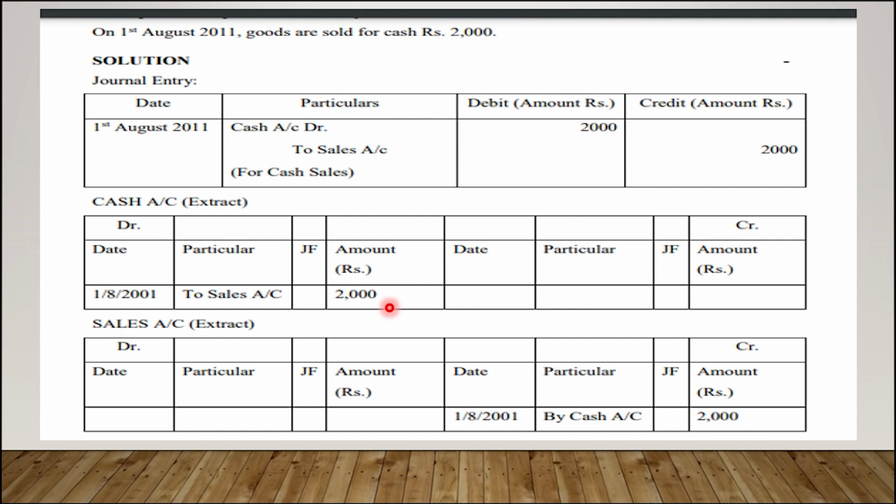Similar thing I'll do with the sales account. Balance is on the credit side, so I'll come to the credit side and write down 2000 here. The respective account that is debited is cash, so I'll write down cash here. Don't forget to use 'By' here and 'To' there. These become very important. So this is how ledger posting is done.